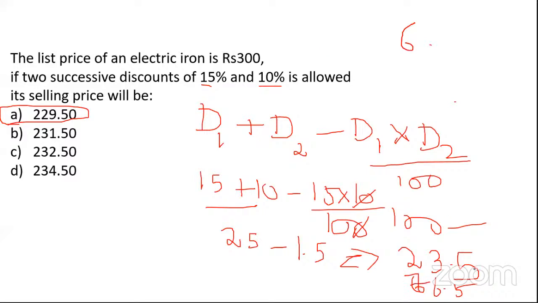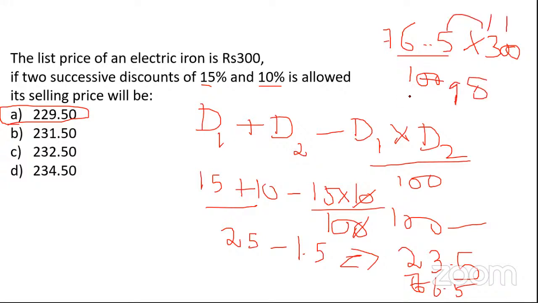So out of 100, you have to subtract 23.5, which means it becomes 76.5. What is 76.5 percentage of 300? It is 229.5.